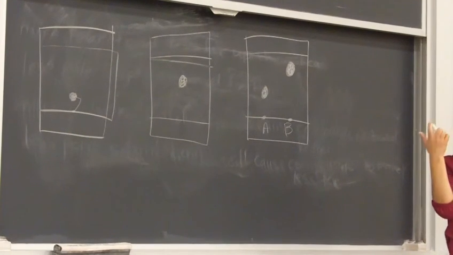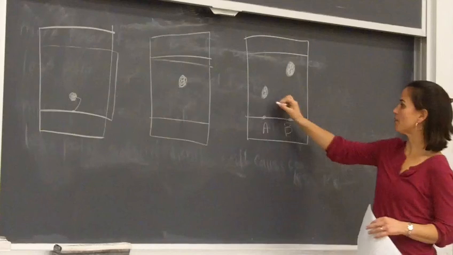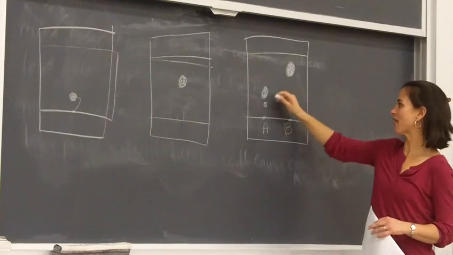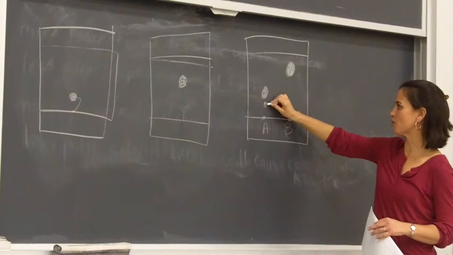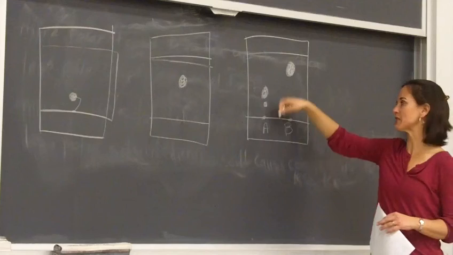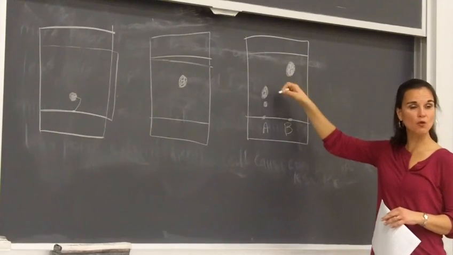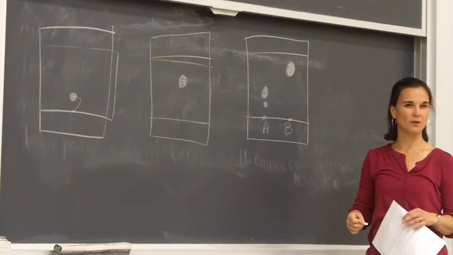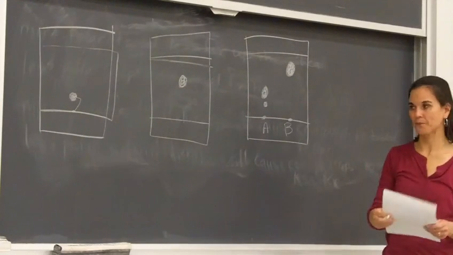If there was an impurity, you'd see another spot, but this spot won't change RF value because an impurity is present. So you'll see more spots, but you won't change your RF value based on impurities. Does everyone understand that? Okay.